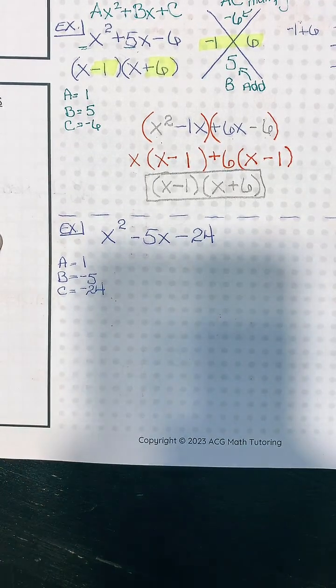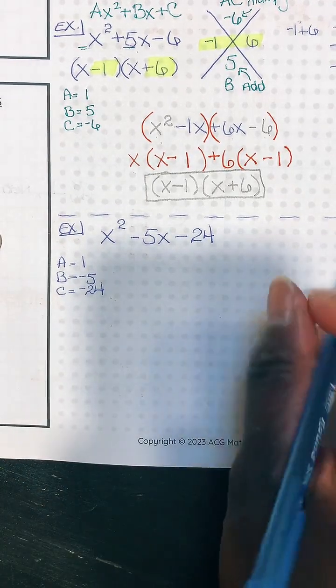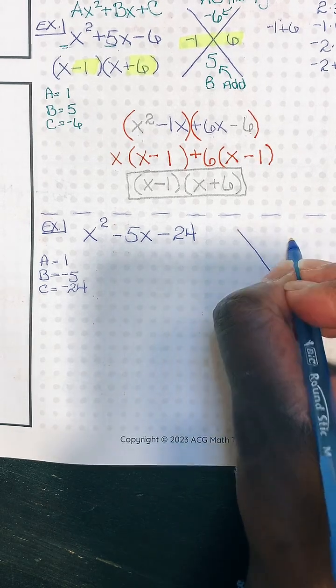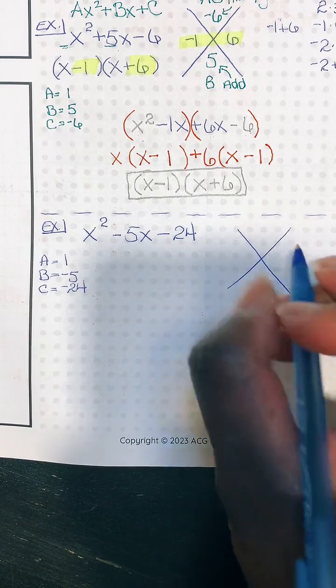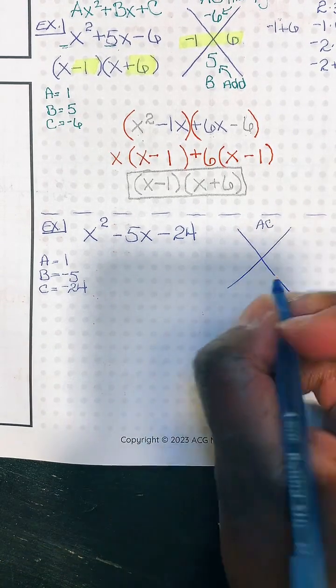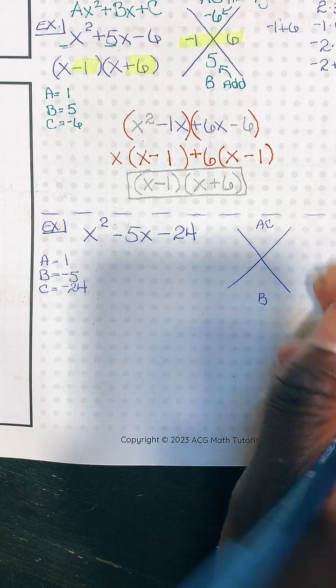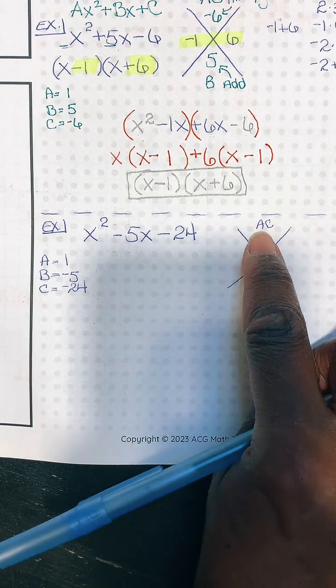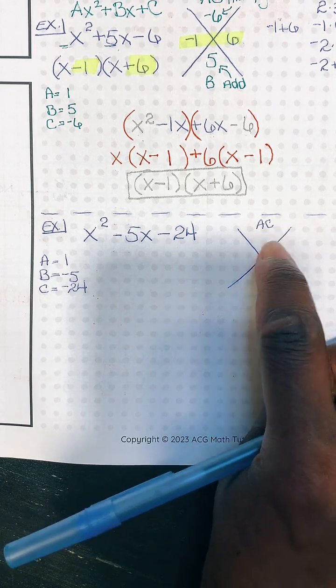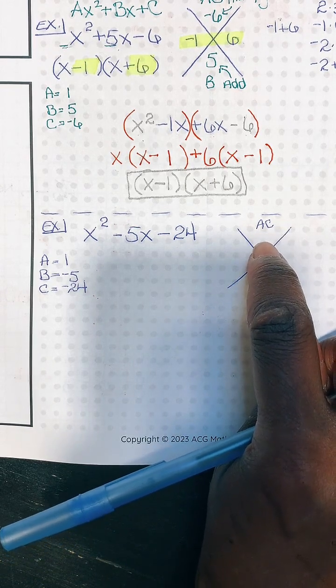All right, so now we're going with the x. Bring up my cross. The AC is always on top, and your B is always down below. So AC means that you're going to multiply your A and your C. What do I get? What should go into this block?